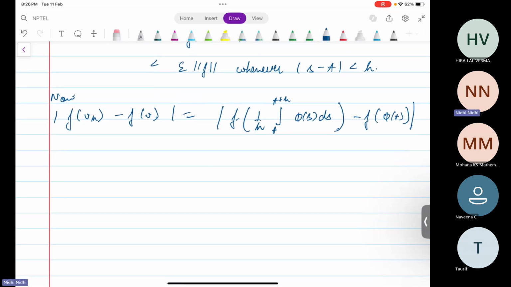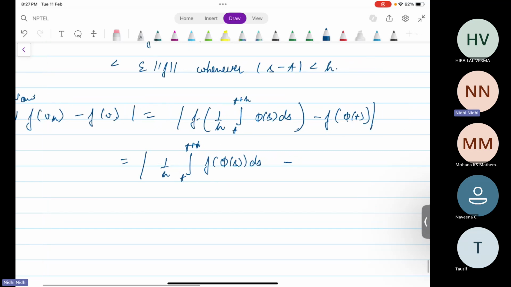Now, by definition of the Banach valued linear continuous map, you can see that this integration will come outside. So this is 1 by h integration t to t plus h f of phi s ds minus, I can write this as f phi t by h integration t to t plus h 1 ds.